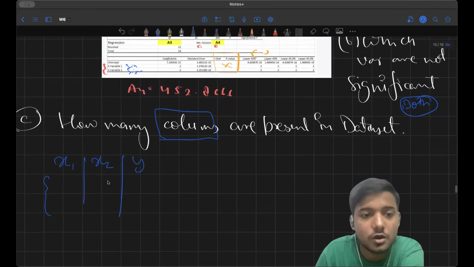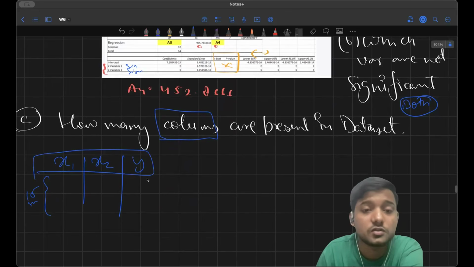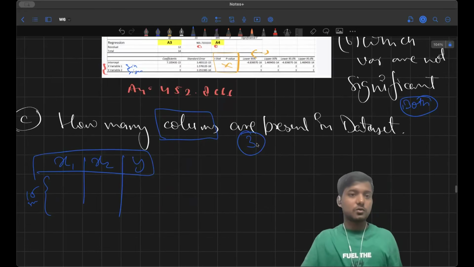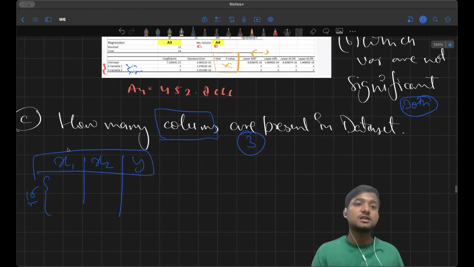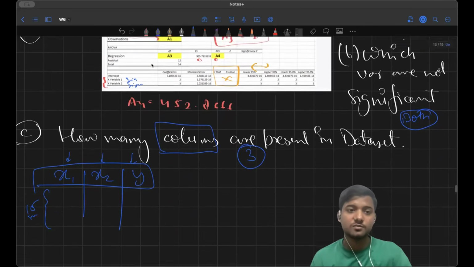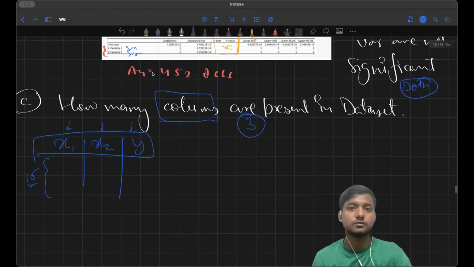So you should have 3 columns and 15 rows, excluding this header. Okay, so 15 rows here. So therefore, how many columns? It would be 3. If they asked you how many independent variables were there, then it would be 2. But they are asking columns. Columns are all the things, X1, X2 as well as the Y. So you should have this much data set to make this output for the data analysis pack. Okay, so that is one thing.